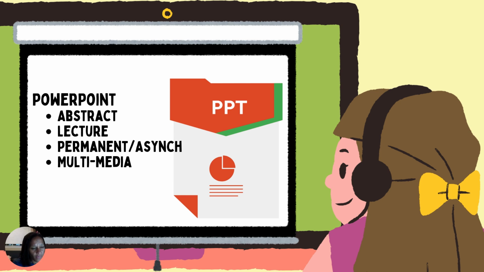But I think they're an important technology because they're so ubiquitous and they can be useful with presenting information. So they have a lot of the technology affordances of text, right? You're explaining abstract ideas, making things concrete. It's permanent, it's asynchronous. You can pick it up later and read the notes from a PowerPoint presentation. And they also have more potential than they're given credit for.